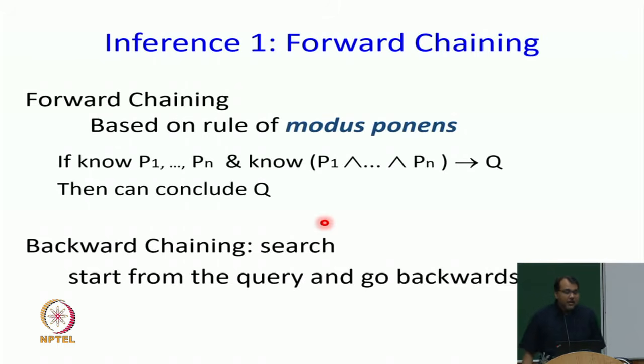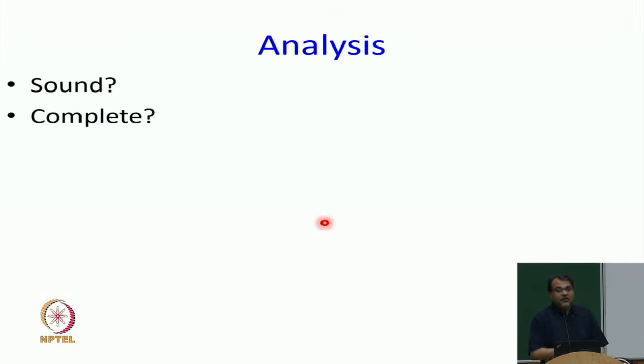In the same way, backward chaining says that there is something I need to prove. Now let me see what thing should I have had in my knowledge base to be able to prove it, and then let me see how I can prove these things, and I keep going back, and that is called backward chaining.